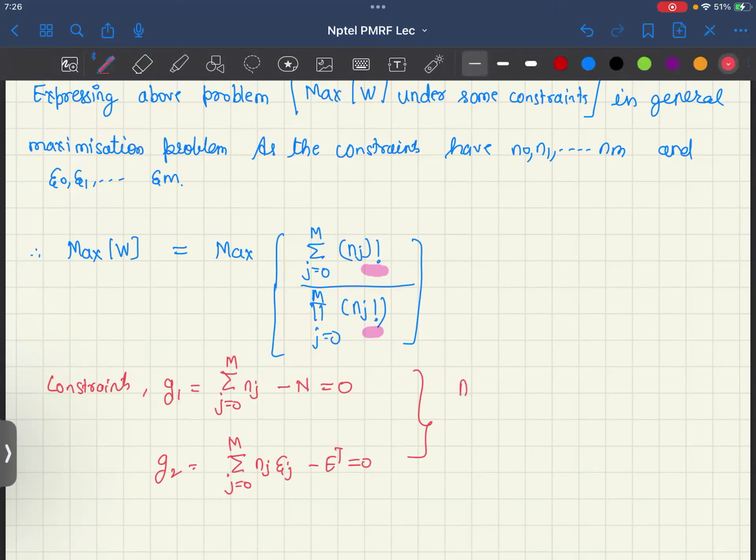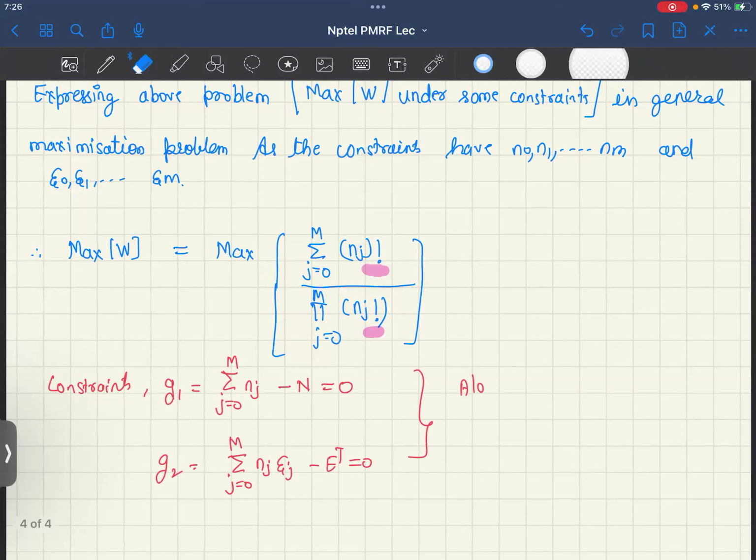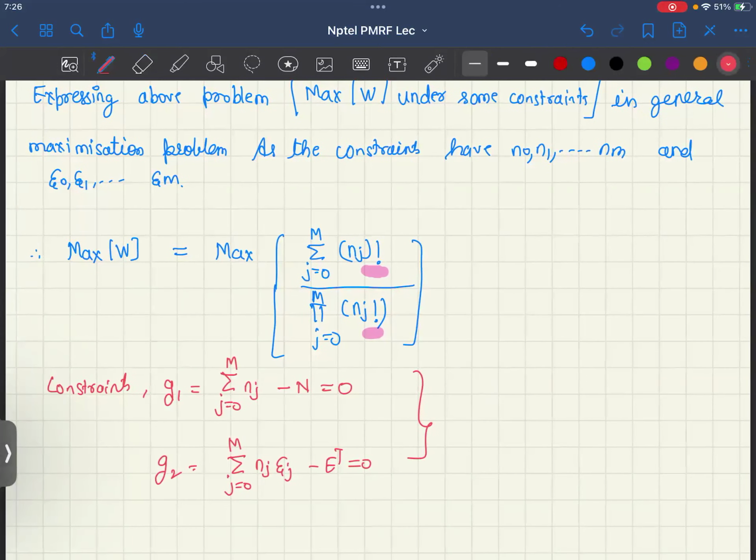Right? For the Lagrangian multiplier, we should have this g1 and g2 always 0. And those that make it 0, those are called Lagrangian multipliers. Right? So this is the problem statement.